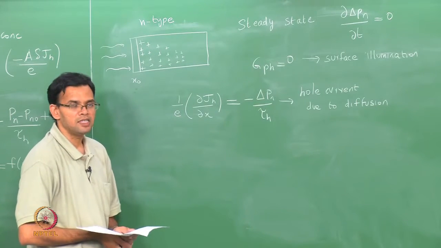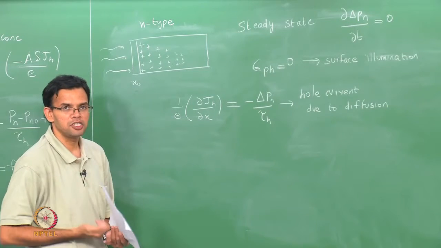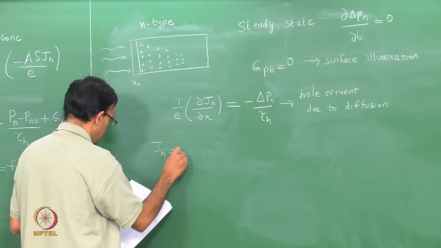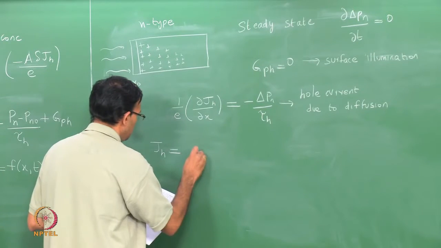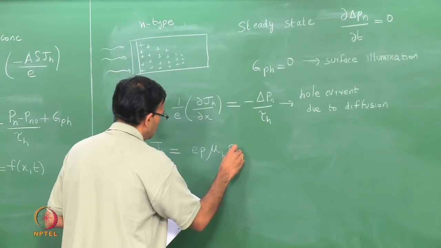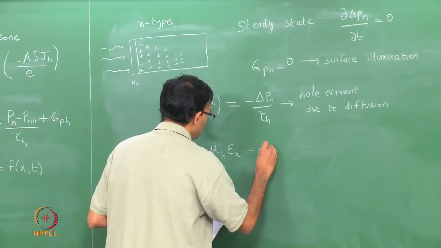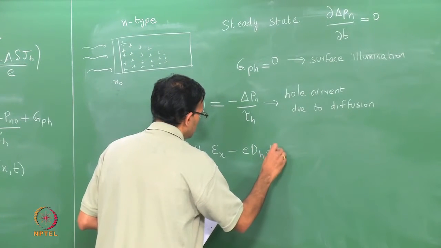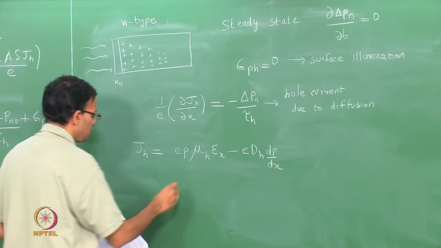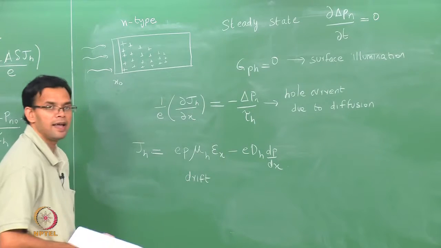There is a generalized equation which relates the hole flux to both diffusion current and drift current. So, the generalized equation Jh is e P mu h epsilon x minus e Dh dP over dx. The first term is due to drift of the holes within an electric field.